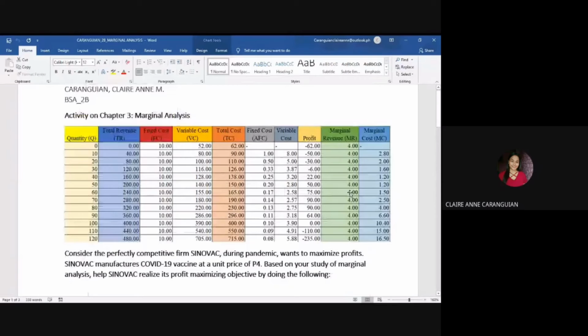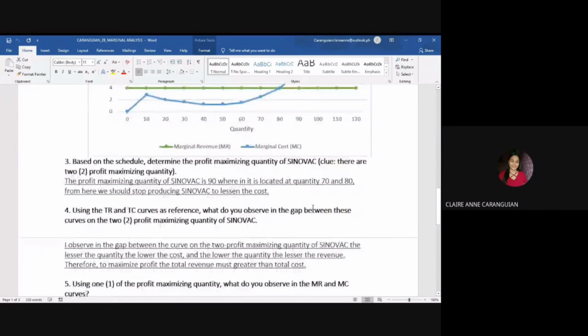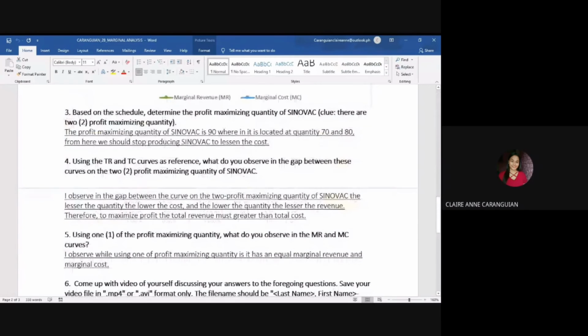Where it is located here. Diba? 90 yung profit nila here. Ito, yung 70 and 80. Nandito sila. 90 yung profit nila. So, yung higher profit nila is 90. So, it is located at quantity 70 and 80. So I conclude that the company should stop producing the Sinovac to lessen cost.